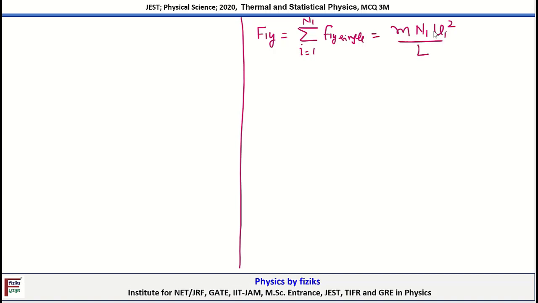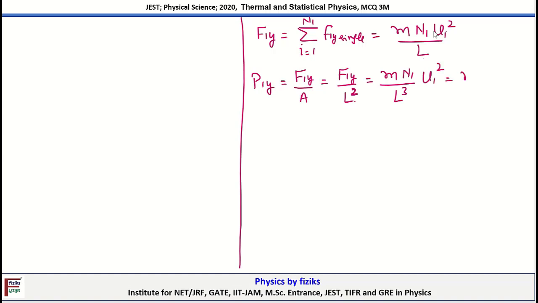So the pressure exerted by n1 such gas molecules along the y direction, P1y, is equal to F1y upon the area of the face, which is L square. So that is equal to m n1 upon L cube, because L square times L makes L cube, into Vi square.